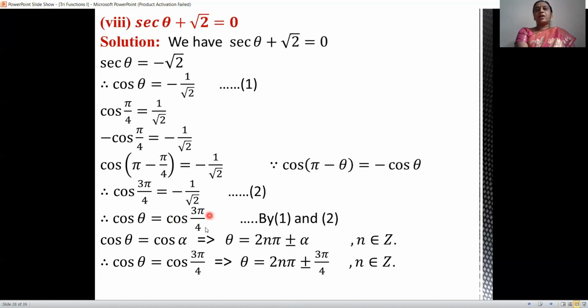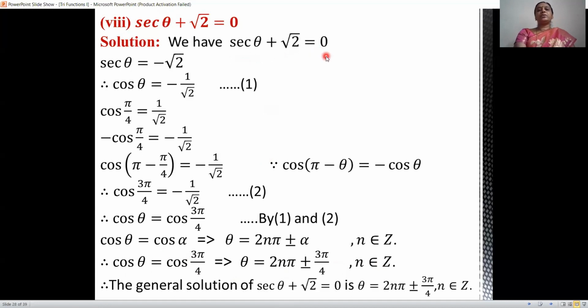Now, here our alpha is 3 pi by 4. Therefore, put the value of alpha, 3 pi by 4, in this formula. We will get cos theta is equal to cos 3 pi by 4 implies theta is equal to 2n pi plus minus 3 pi by 4, n belongs to Z. Now, this cos theta is equal to cos 3 pi by 4 is nothing but our given function, sec theta plus root 2 is equal to 0.